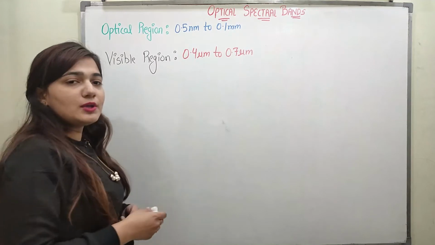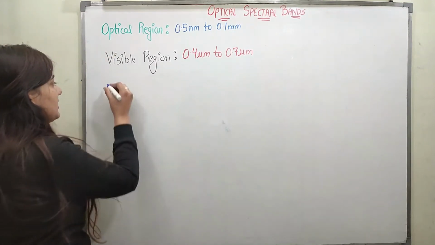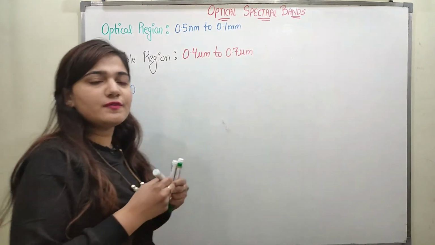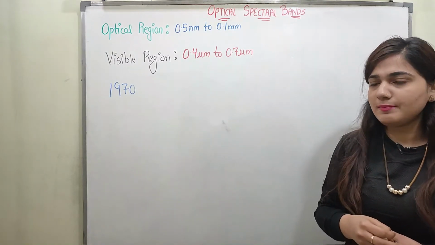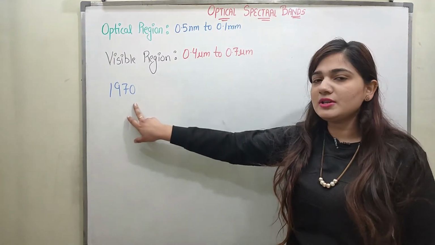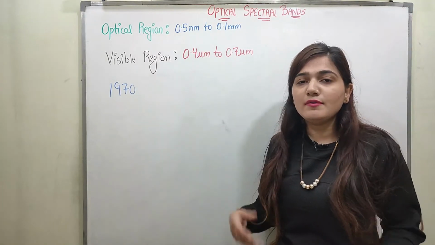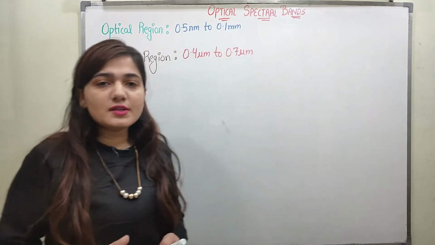Now coming to wavelength selection, how do we select the wavelength? In the year 1970, when optical communication was first introduced with the help of glass fibers, as we have already talked about in the history part, we did not have the technology of purifying the glass, so the losses were high.